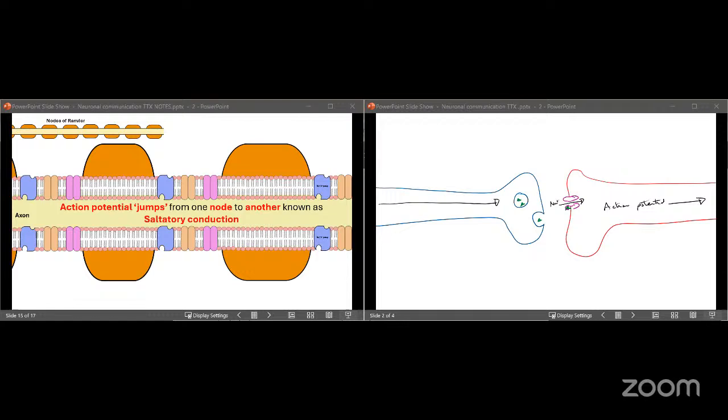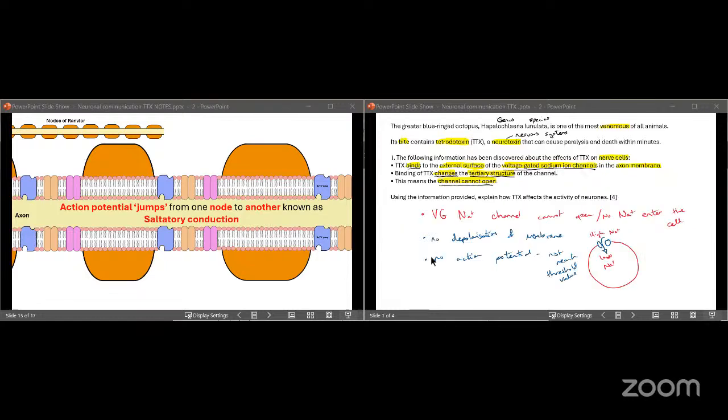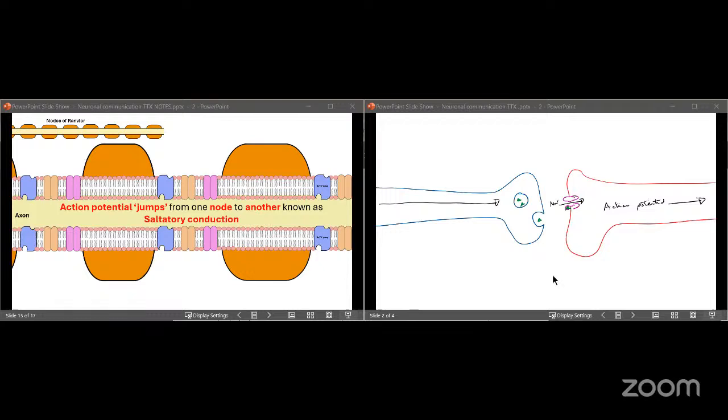But remember, going back to the question that we had before, if we are going to prevent the voltage-gated sodium channels from opening, we're therefore not going to allow sodium to enter. There's going to be no depolarizing of the membrane, no action potentials because we've not reached the threshold value.